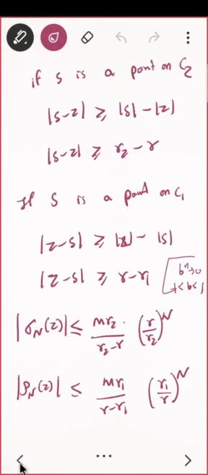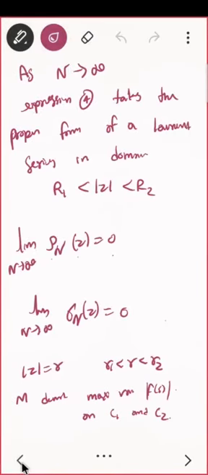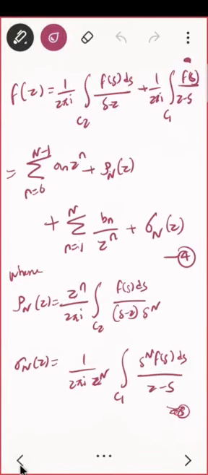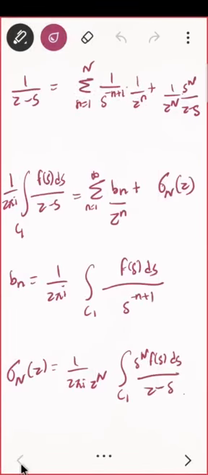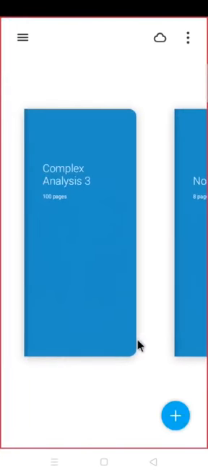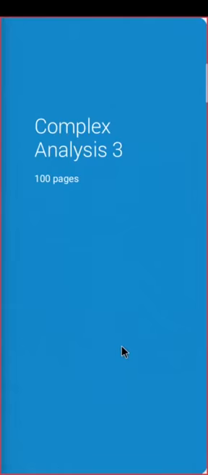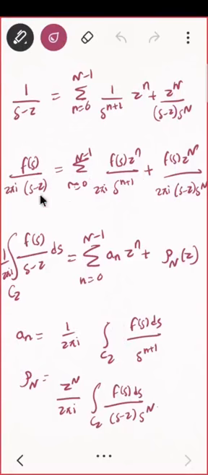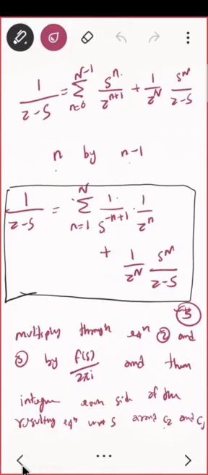The change is that here I am having an annulus, so I have to consider two types of geometric series. One is 1 upon z minus s, and in the other case 1 upon s minus z. Here 1 upon s minus z, and then I just have to combine. That is not a difficult part to do.